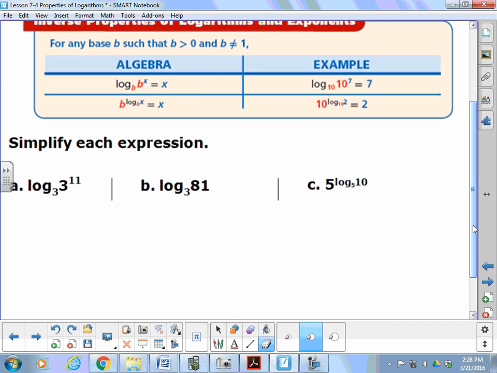All right, so we're looking for the bases then. So here both of these bases are 3. So they're inverses of each other. So this just equals 11.